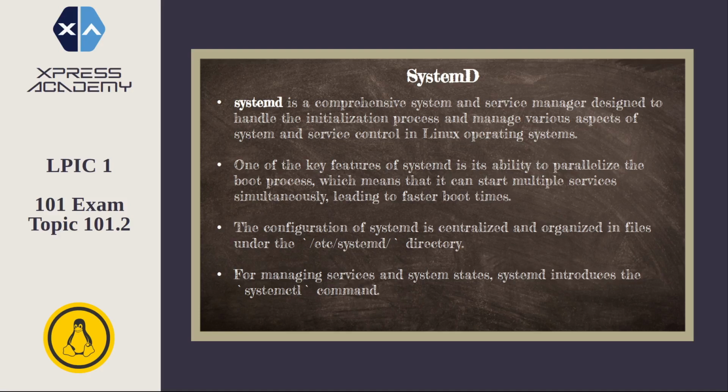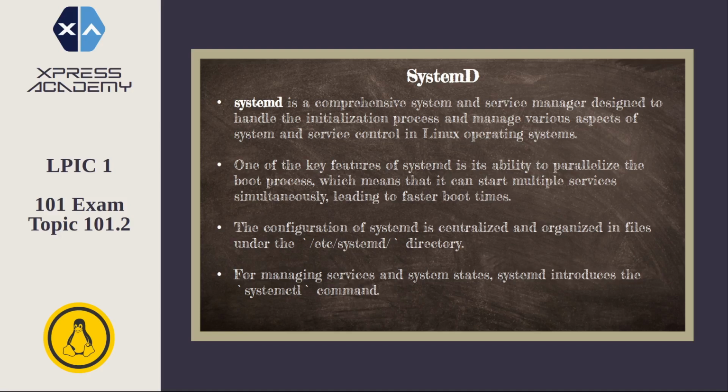This centralized approach simplifies system management and configuration. For managing services and system states, systemd introduced the systemctl command. This command allows administrators to start, stop, restart, enable, or disable services easily. It provides a unified interface for interacting with various aspects of the system.